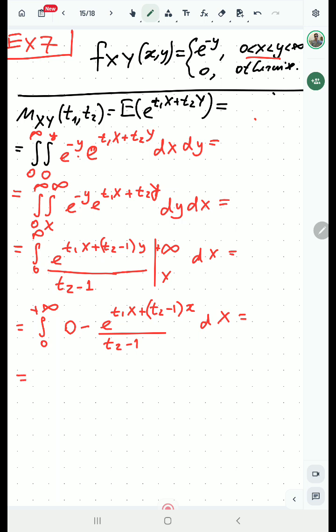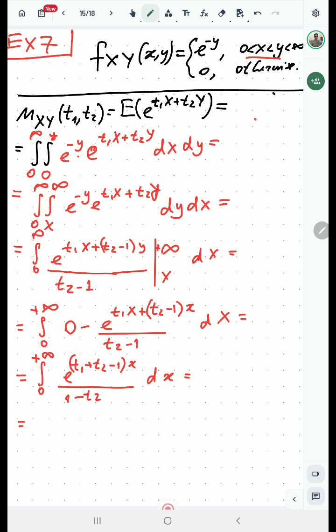So what we can do is, we know that t2 is less than 1. So if you switch the order of t2 and 1, you can get rid of the negative sign. So we can say that this is the integral from 0 to positive infinity of e to the power (t1 plus t2 minus 1) times x, over 1 minus t2, with respect to x.